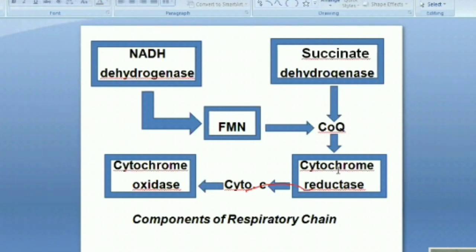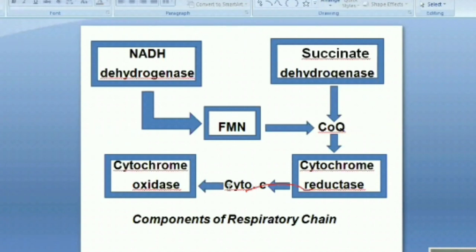Is it clear? So the tendency of moving electron to cytochrome reductase is increased many times.